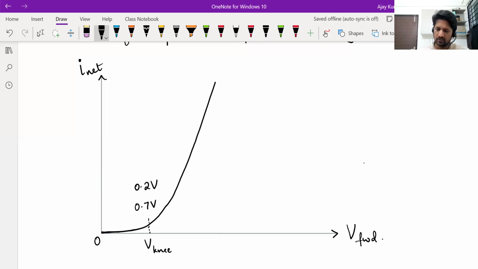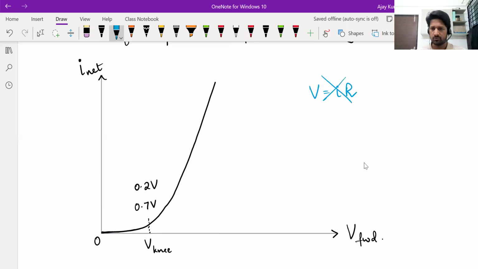Now you can clearly see that the current versus voltage graph is not a straight line passing through the origin. If it's not a straight line passing through the origin, you cannot say V is equal to IR. So a PN junction under forward bias does not obey Ohm's law. Important point.